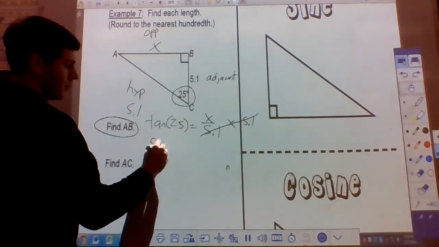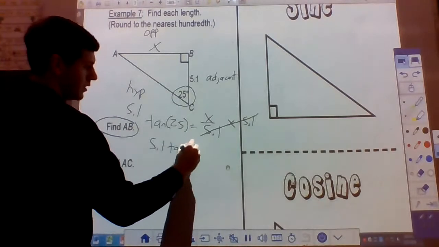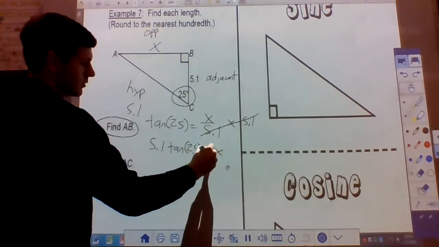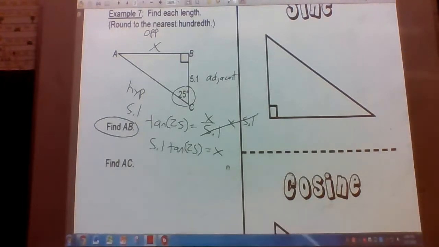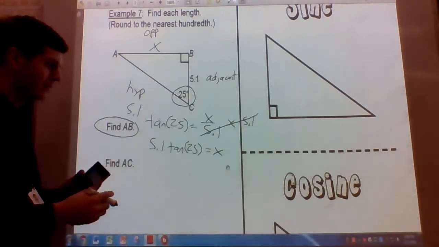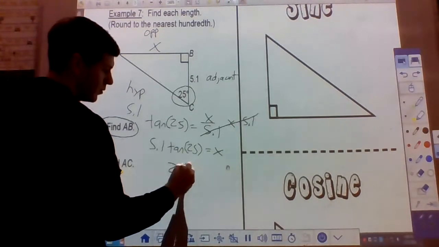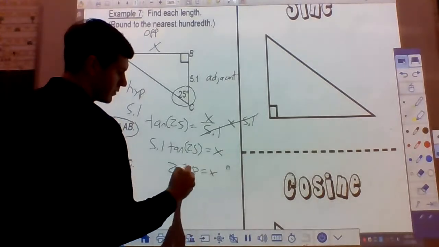We get 5.1 times the tangent of 25 equals x. We put in the calculator 5.1 multiplied by, we hit the trig button to get the tangent of 25. We hit enter and we get 2.38. Rounded, 2.38 equals x.